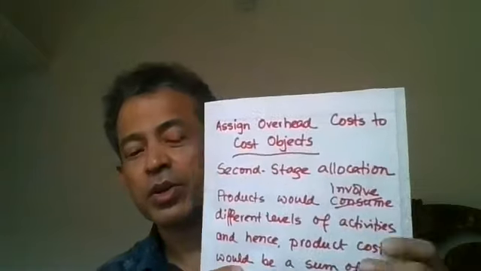Once we have the activity costs or unit activity costs, now we are flying, because you can now assign those costs to particular products or services. That's what we say, assign overhead costs to cost objects.